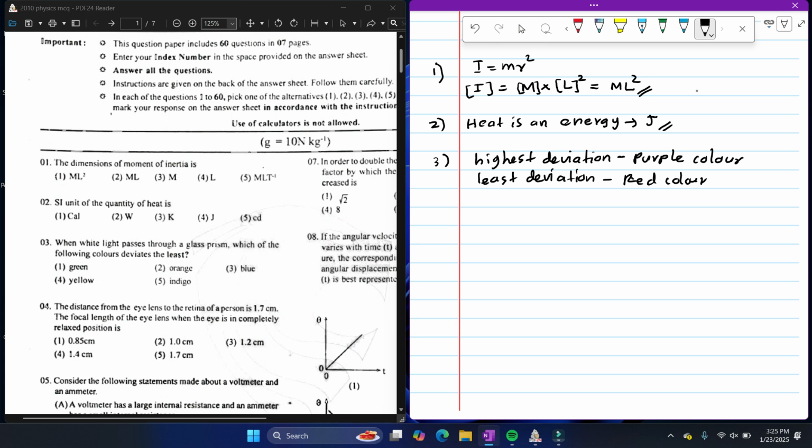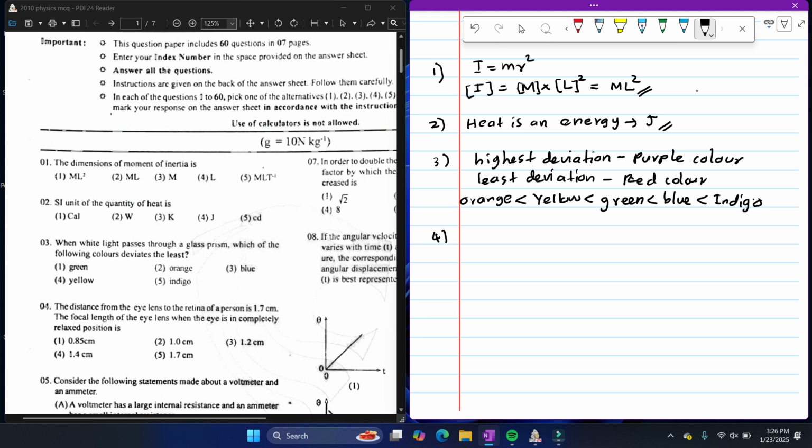That is, orange has a less deviation than yellow, and green has a greater deviation than yellow, and blue has a greater deviation than green, and indigo has a greater deviation than blue.